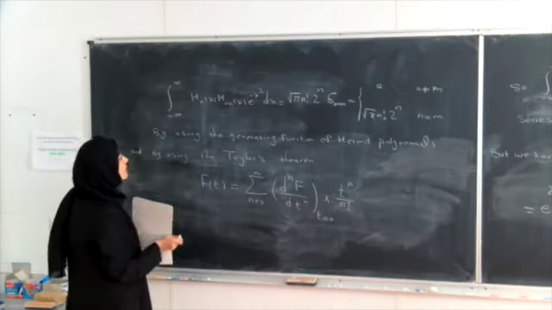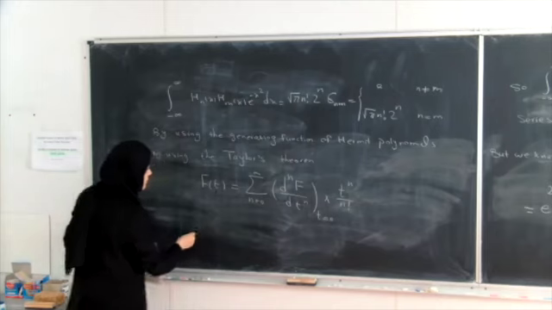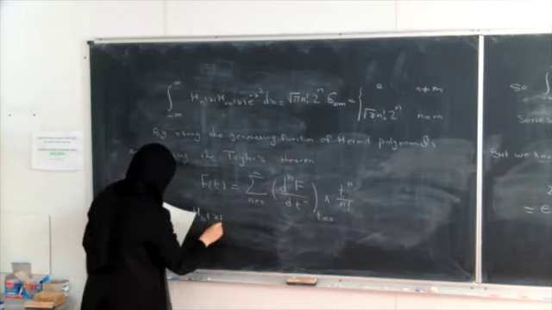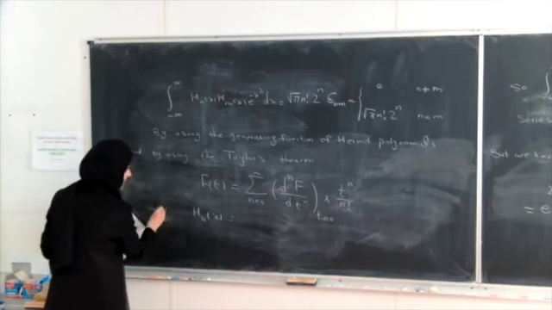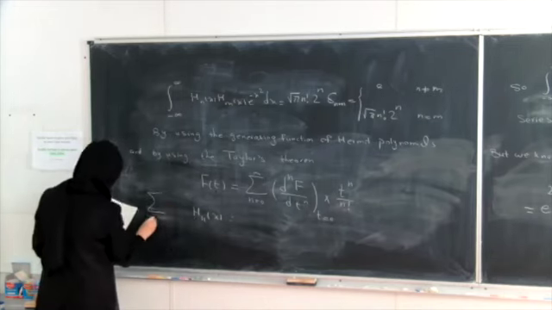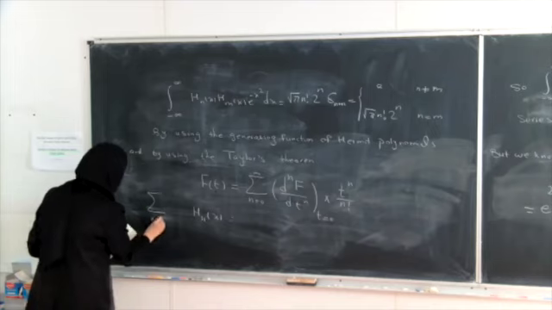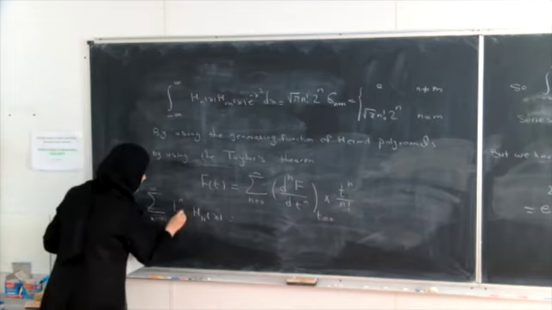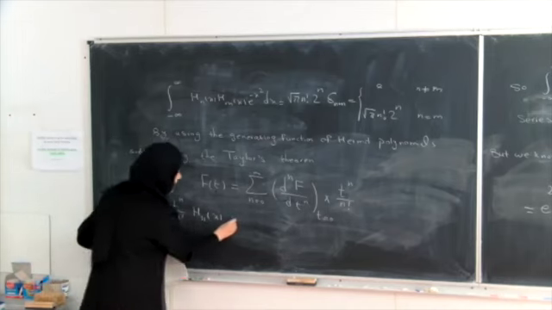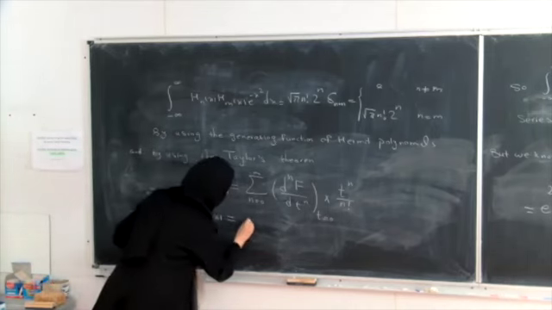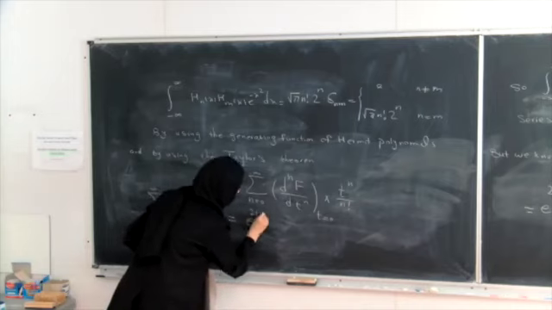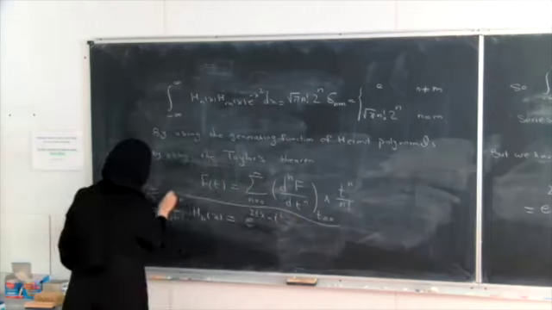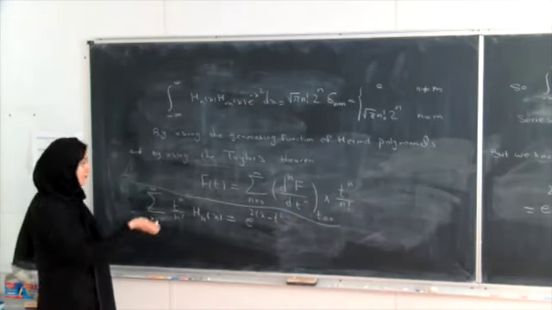From the generating function of Hermite polynomials, we know that the series over n from 0 to infinity of Hn(x) t^n over n factorial is equal to e to the 2tx minus t². It's the generating function that we proved.